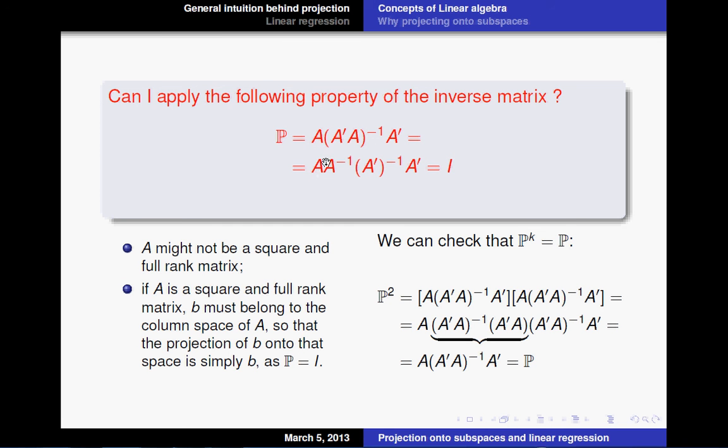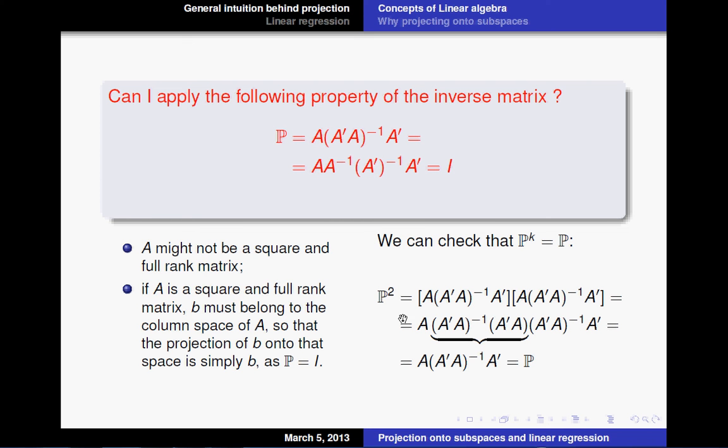So a vector b of the same dimension must be inside this space. So the projection would be b itself, and that's why we have the identity. So this is quite reasonable, and this is what I wrote here.